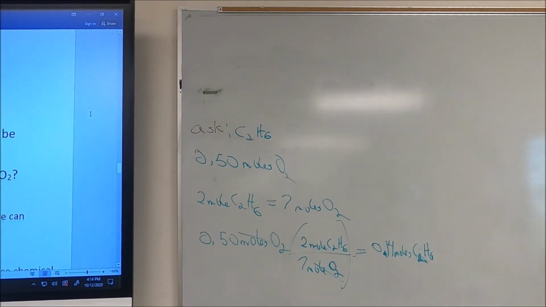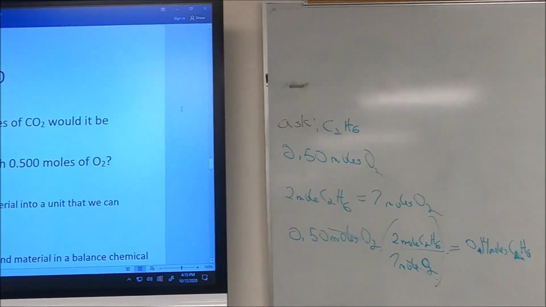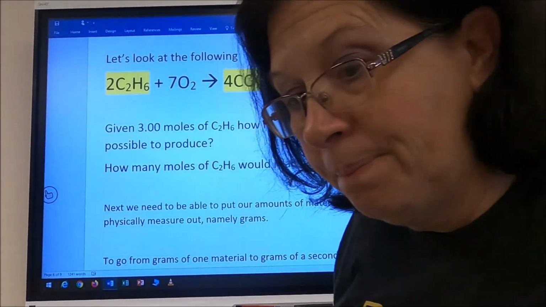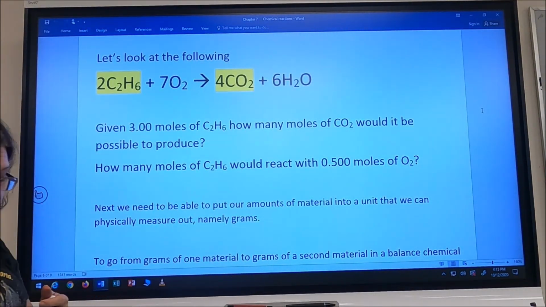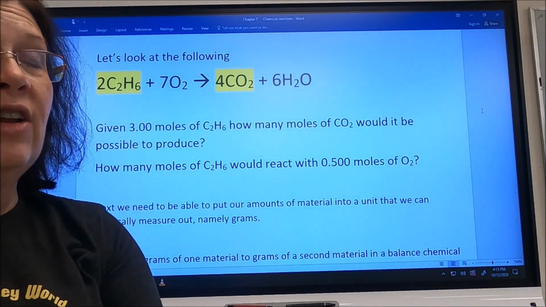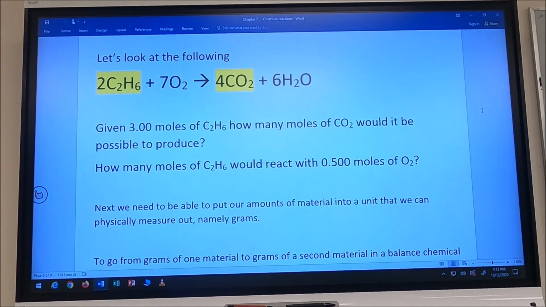Now, one thing I want to point out to you, okay, let's look at this balanced chemical equation for a second. When we look at these mole relationships, the mole ratios here, they're considered exact numbers because I can't have half a molecule of carbon dioxide, or I can't have a third of a molecule of water.